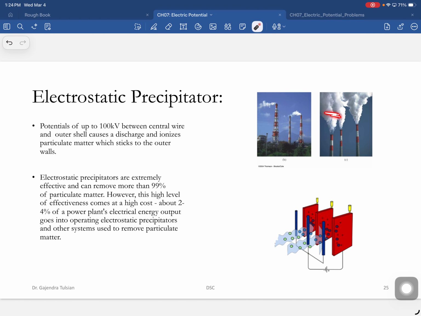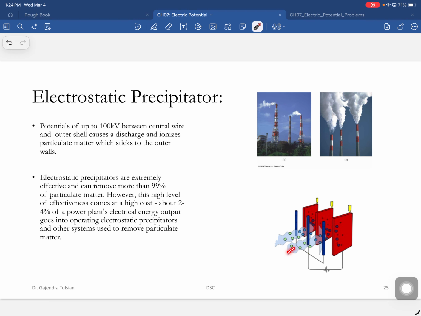You saw that to remove smoke particles, you have an electrostatic precipitator. We've talked about this before. You apply potentials of up to 100,000 volts. Here are wires, here are metal plates. The metal plates are positively charged, the wires are negatively charged. If you apply 100,000 volts, this wire will spit out electrons.